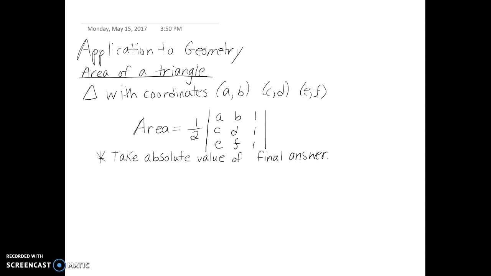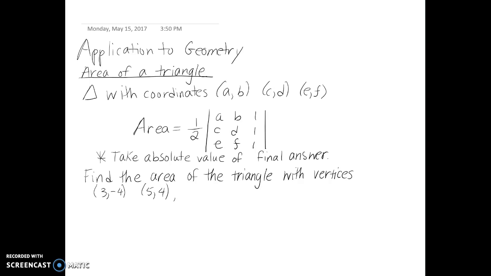So we're going to do one quick example. Okay, so those are your 3 points: (3, -4), (5, 4), and (-3, 2).